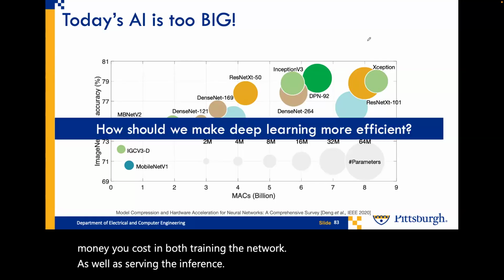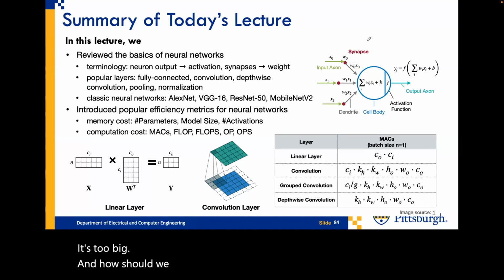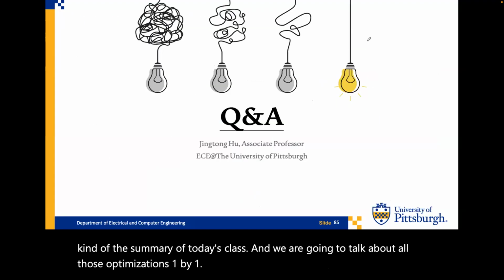It's too big. And how should we make deep learning more efficient? That's the summary of today's class, and we are going to talk about all those optimizations one by one. All right, that's all for today's lecture.